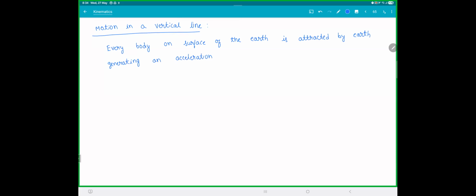Getting it? This is also called acceleration due to gravity. This is what you studied in school. The symbol is small g. Now for Earth, this value is around 9.81 meter per second square. For convenience, we will take g as 10. So if I don't mention anything, take g as 10.